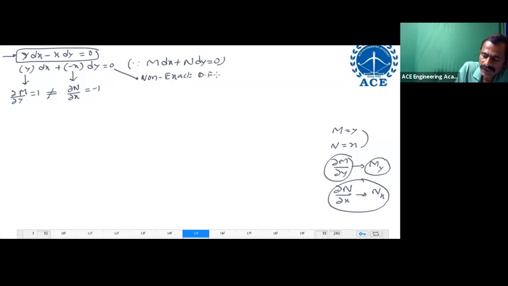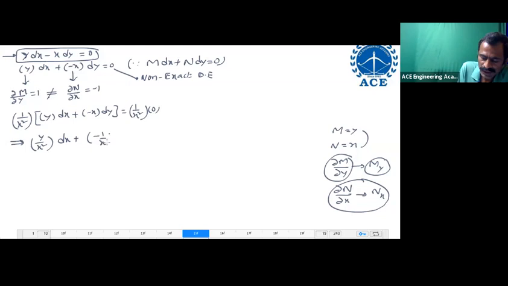For a non-exact differential equation, I am multiplying one function on both sides of the given equation. Like this, 1 by x square, which implies y by x square dx plus minus 1 by x dy equal to 0.